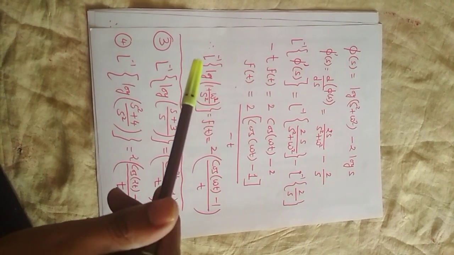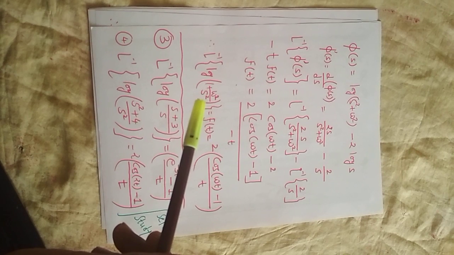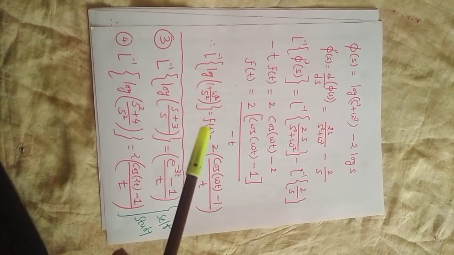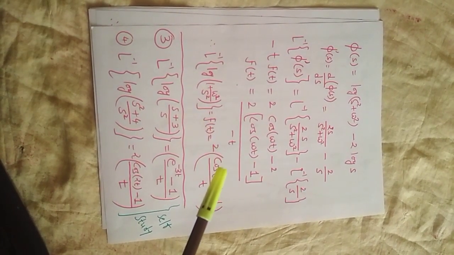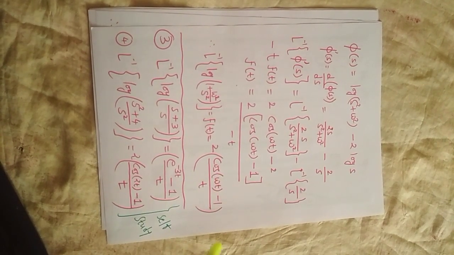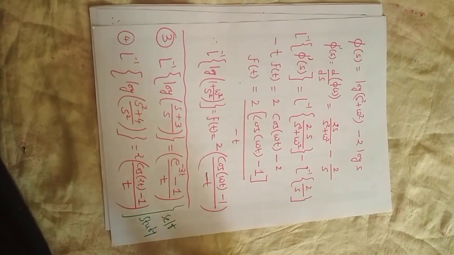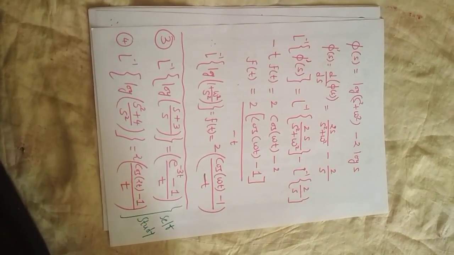That means the final answer of L inverse of log of 1 plus omega square upon s square equals f(t) equals 2 (1 minus cos omega t) divided by t. Here I think we have a minus, so that is our final answer.